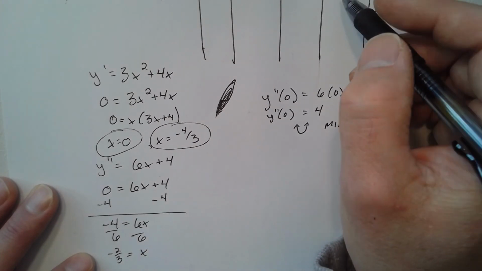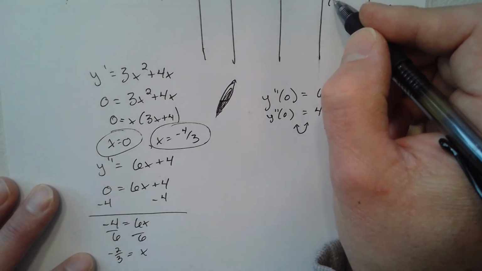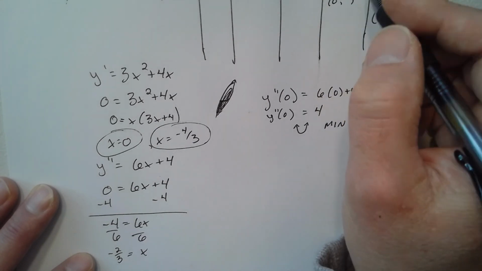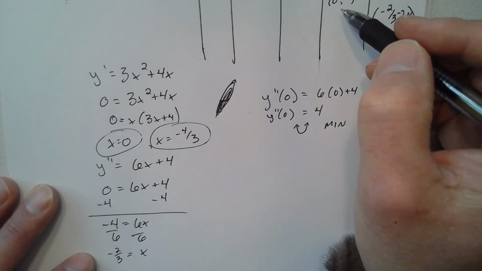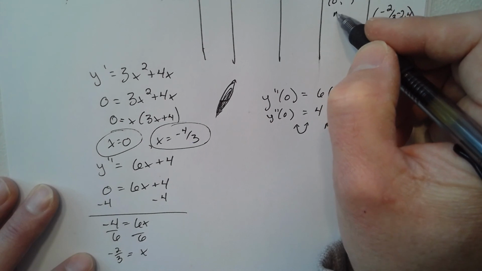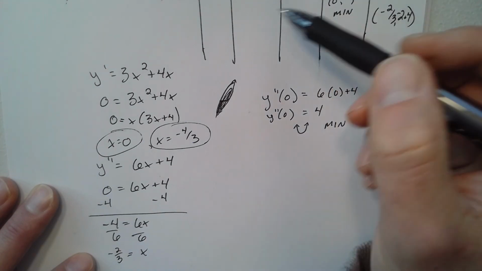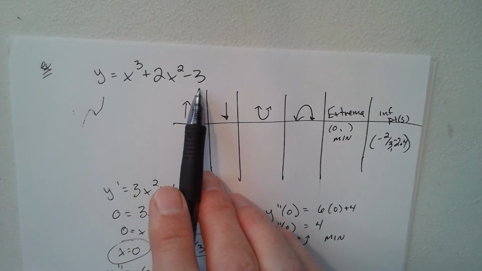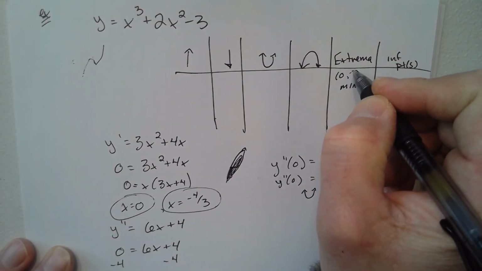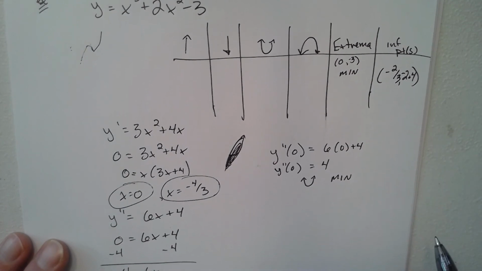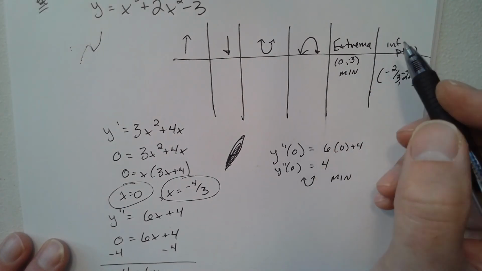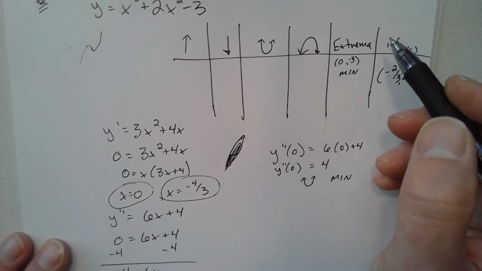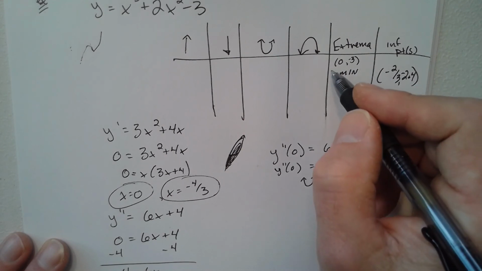So extrema, I'm just going to put them as ordered pairs for this problem. There's some sort of a minimum at that point. If I plug 0 into the original, I get 0, -3. So 0, -3 is a minimum. It's for sure a local minimum. We'll just call it a minimum or local minimum.